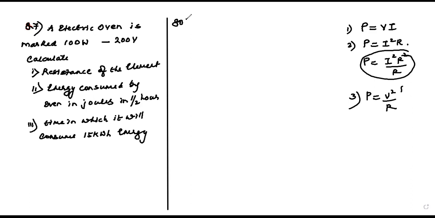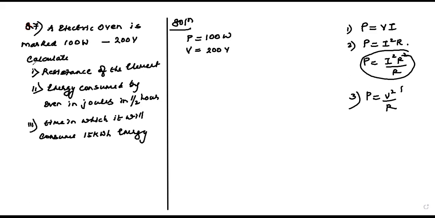You can see here, children, the solution. In this question, an electric oven is marked 100 watt by 200 volt. That means power is 100 watts, and potential difference V is 200 volts.